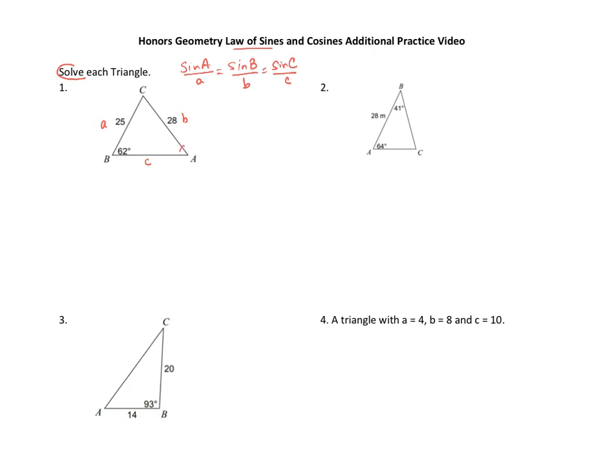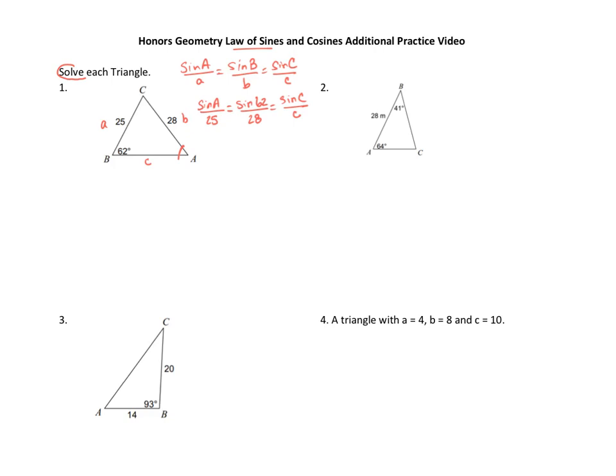So here's angle A. I don't know what that is, so I'll just write sine A. I do know what little a is. That's 25. Sine of B is sine of 62 over little b, which is 28. And then sine of C over little c, which I don't know either. So I don't know that side.